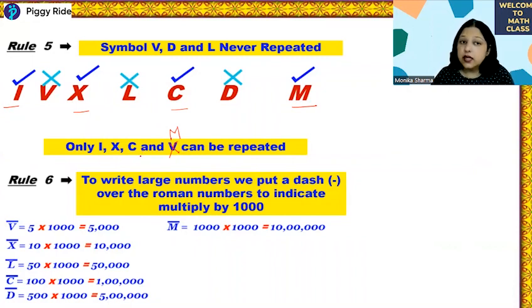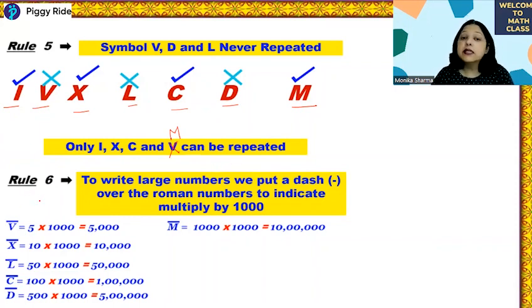So we can write I two times, I three times, X three times, we can write C also, but we cannot repeat these symbols: V, L and D cannot be repeated.